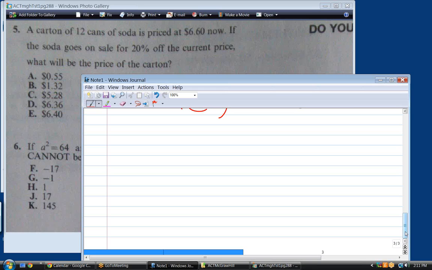Tell me how you're going to do number 5. All right, number 5. So we need to figure out 20% off of 660. Go ahead and use your calculator.